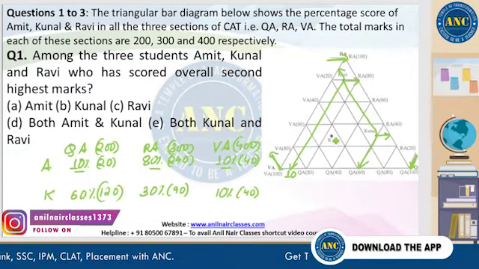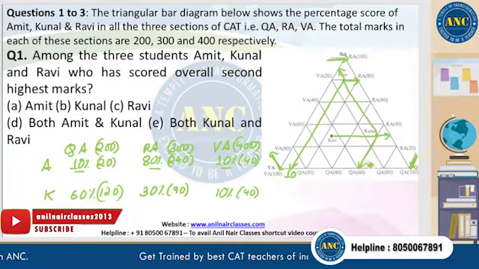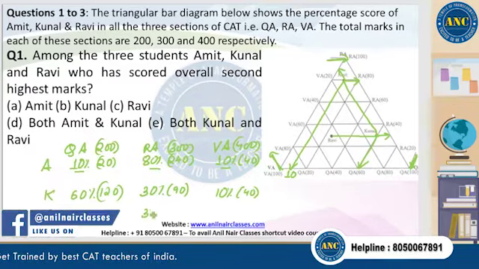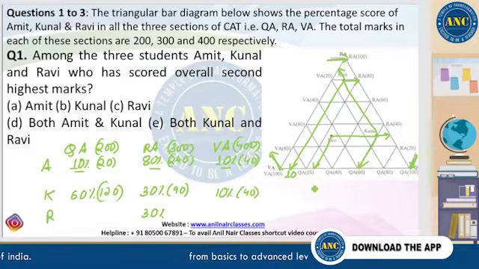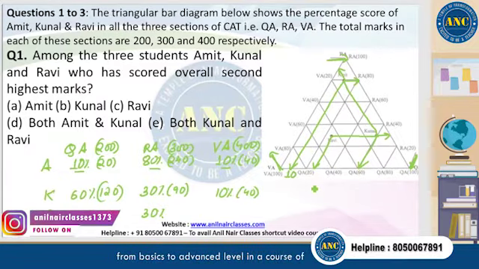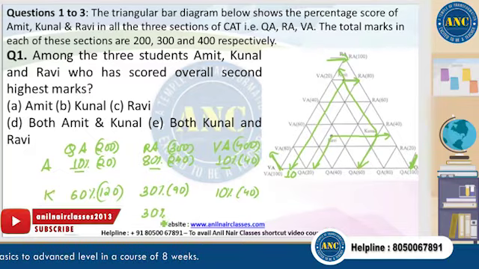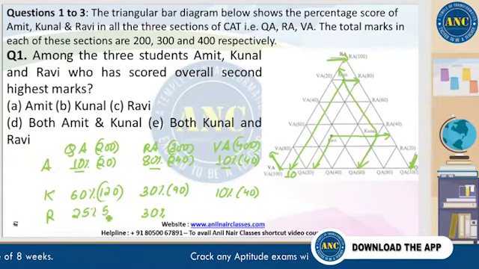Now Ravi's score in RA would be pretty much here, the same number that we are talking of, 30%, right? Ravi's score in QA will be somewhere here, which is not exactly in between 20 and 40, not the mid value, but somewhere there. It's about, let's say, 25%, that will be like 50.